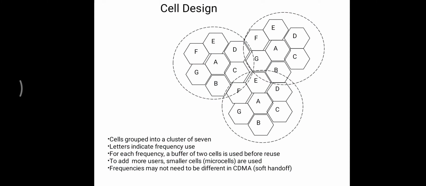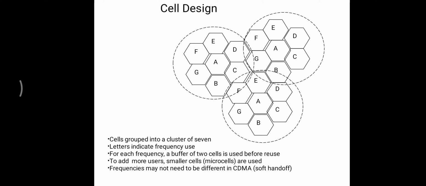The cellular structure is hexagonal, and we divide the geographical area into hexagonal cells, clustered as a group of 7 cells. Letters indicate frequency reuse, so the same frequency is not in the adjacent cell. Frequency reuse is applied across different geographical areas.